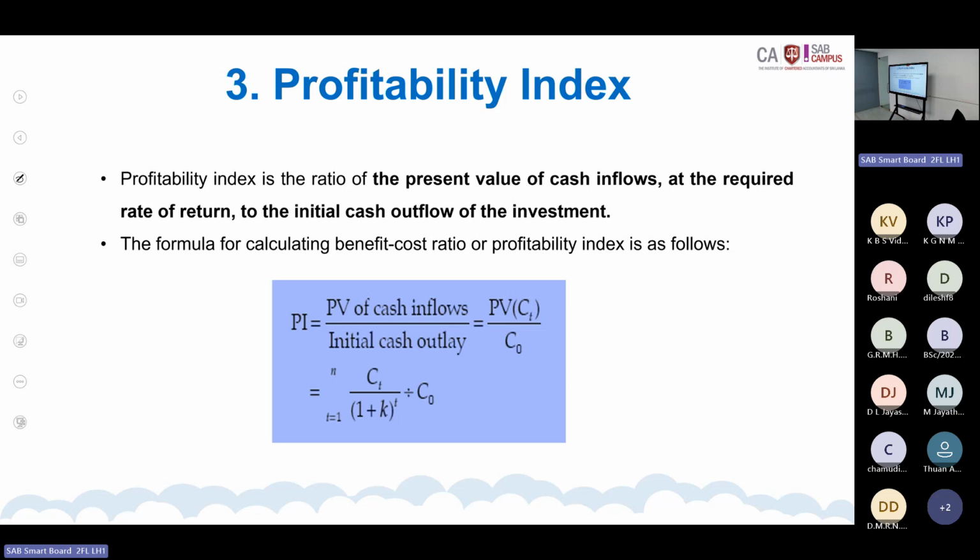Now write it down. Once you write down the formula, with reference to question number 1 and 2, the calculated PI, profitability index, is as follows.